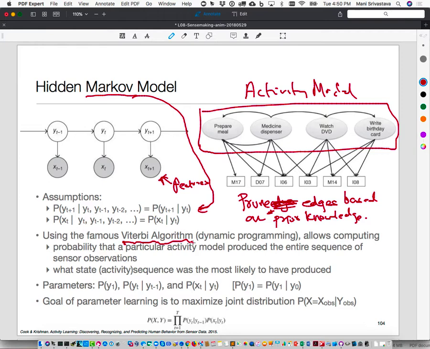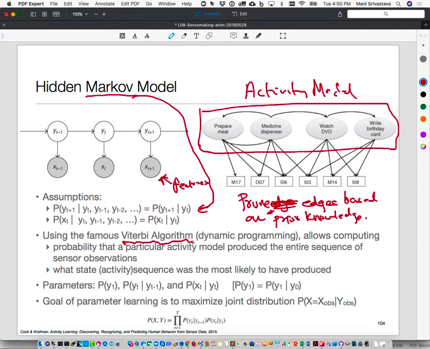Probability of yt given yt minus 1. Remember, we already made the Markovian assumption. So the probability of the current state being, let's say, medicine dispenser, given that the prior state was prepare meal. This is a parameter which we need to learn. And then finally, probability of xt given yt, which, because of our assumption, is all that matters. So that's the only other probability left over.